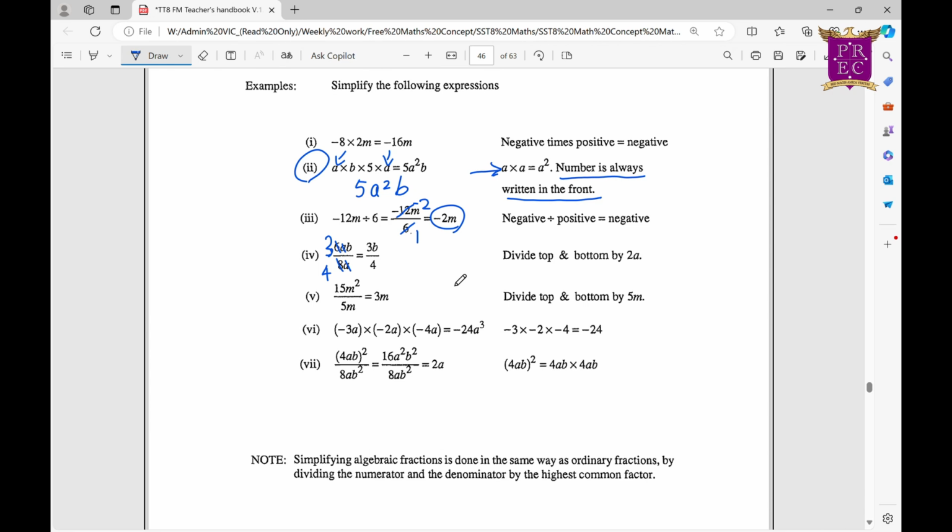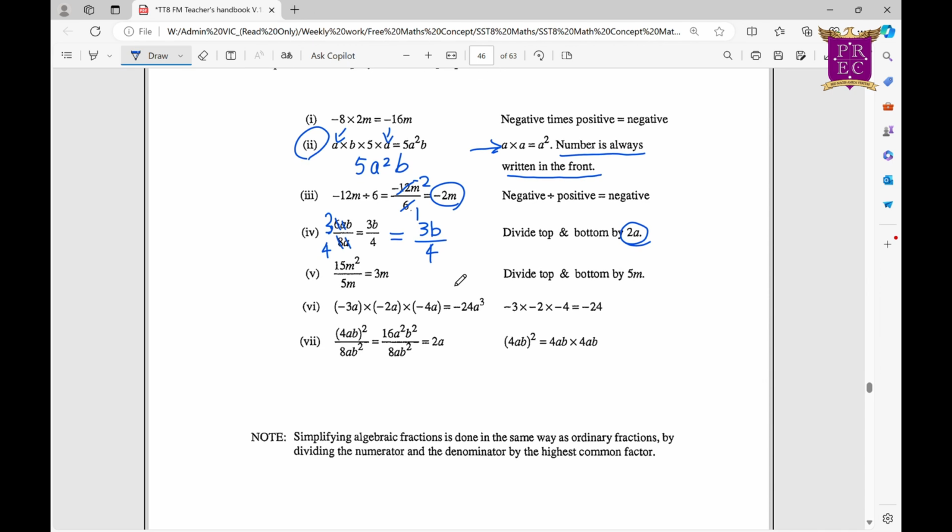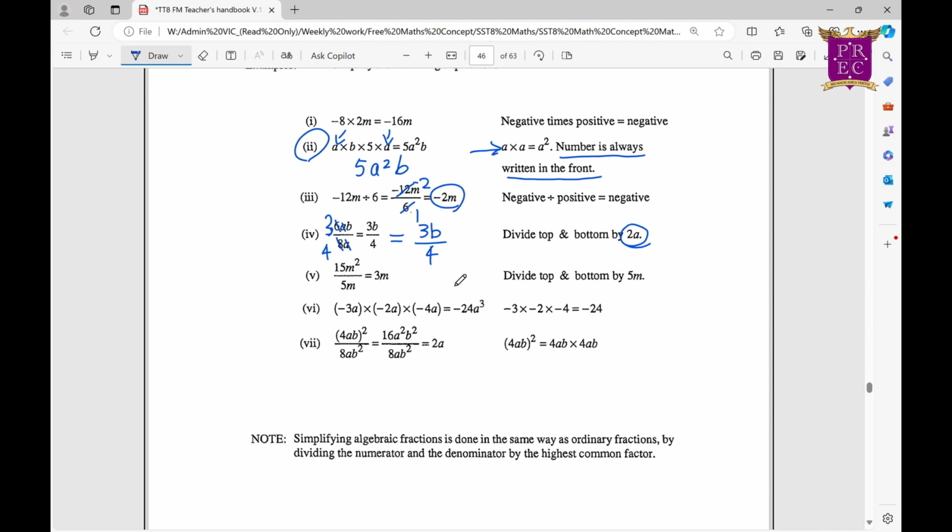And it says here divide the top and bottom by 2a, and then if you simplify that, or if you write it out, it gives you 3b over 4. And again, even if there's a squared, like if it's m squared and at the bottom is just an m, that can be cancelled out to write m, and the pronumeral doesn't exist anymore on the bottom. And so that essentially gives you 3m.